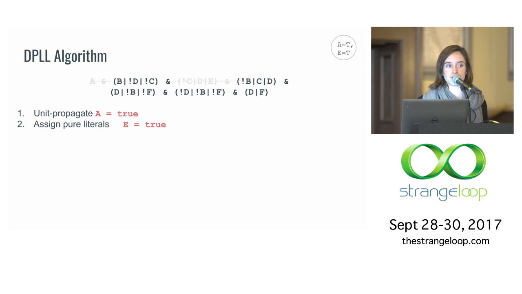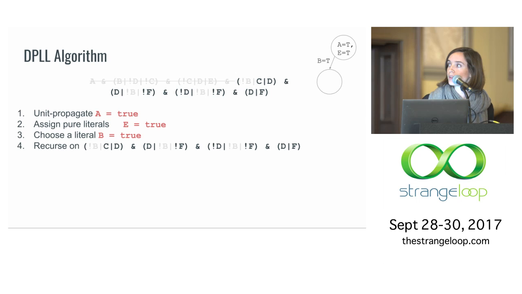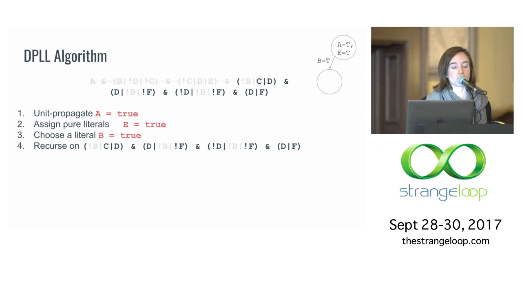Do we have any left? Nope, nothing left. So we have to make a branching choice now. I'm going to make that choice. Let's say B is true. When we assign B to be true, we can remove a clause, and we can simplify a couple of the other clauses. So now we're left with this simplified formula, and we can go ahead and recurse on that simplified formula.